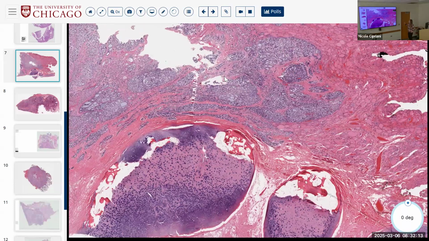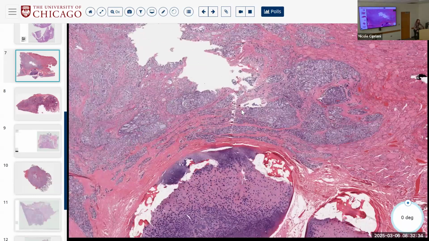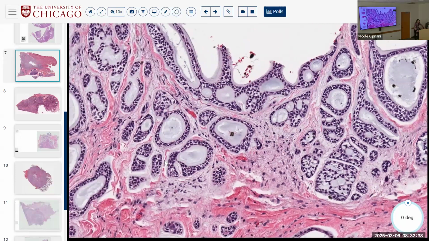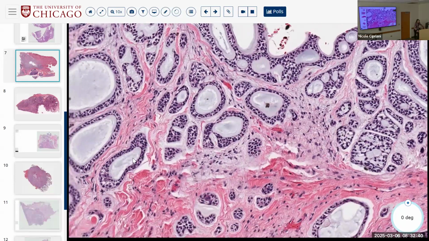But remember, this can occur in major salivary glands, minor salivary glands, ear canal, trachea, bronchus, larynx, all places of minor salivary gland, breast, GYN tract. So with cribriform morphology and biphenotypic or biphasic, think adenoid cystic.